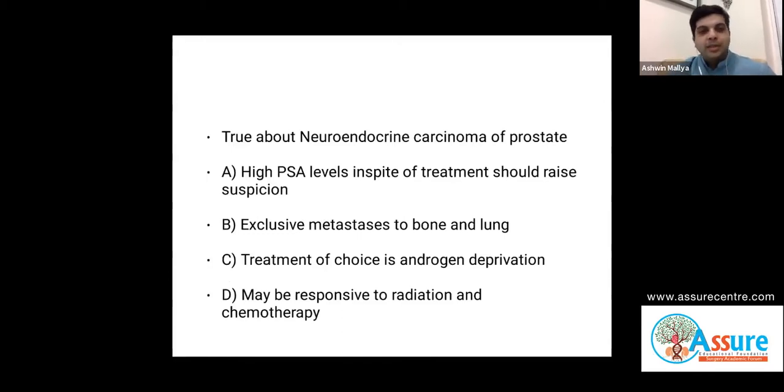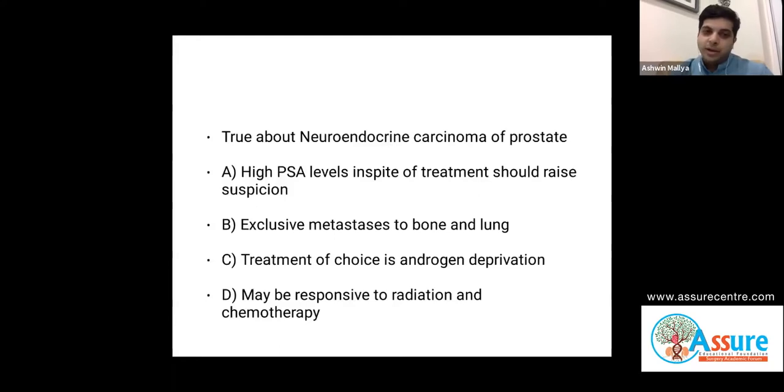The next option is exclusive metastasis to bone and lung. Because it doesn't behave like adenocarcinoma of prostate, it metastasizes to other visceral structures like the liver and the brain. So rapidly growing prostatic mass with visceral metastasis is the hallmark, and even if it goes to the bone, it is usually osteolytic metastasis as compared to adenocarcinoma, which gives osteoblastic metastasis.